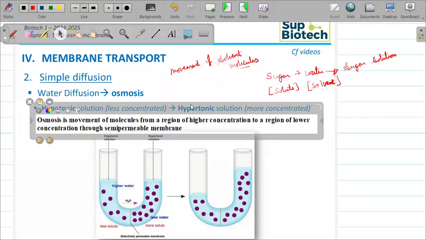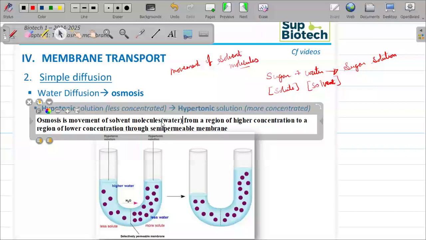Now, a small change I'm going to introduce in the definition. Instead of movement of molecules, it is movement of solvent molecules, which is actually water. Only water will move, not sugar, from a region of higher concentration to a region of lower concentration through a semi-permeable membrane. This is called osmosis.